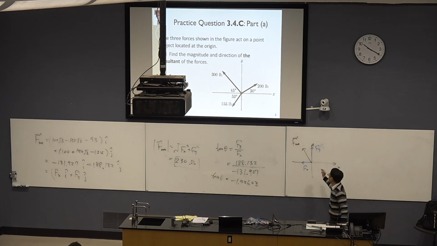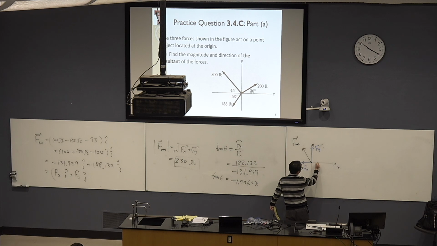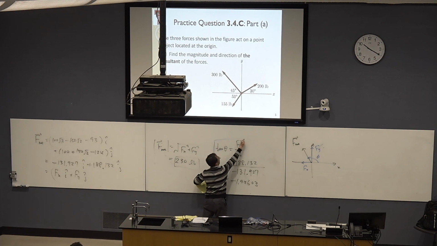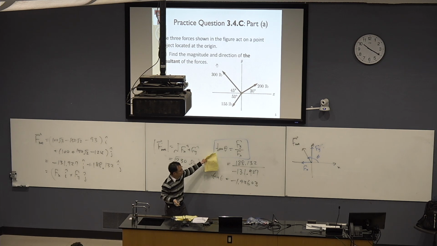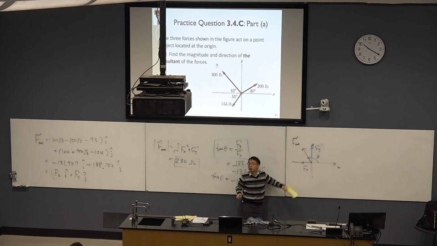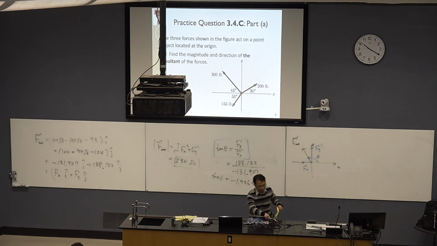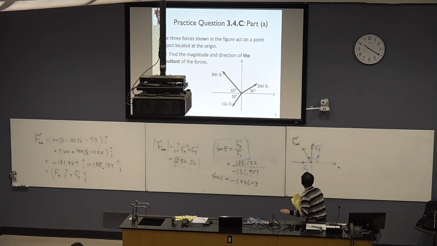It's this angle theta here. That's what we try to obtain, and that's why we wrote down this, because of the geometry here. So now we try to obtain the arctangent.